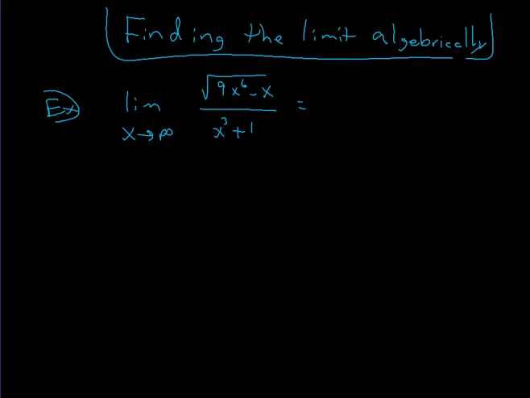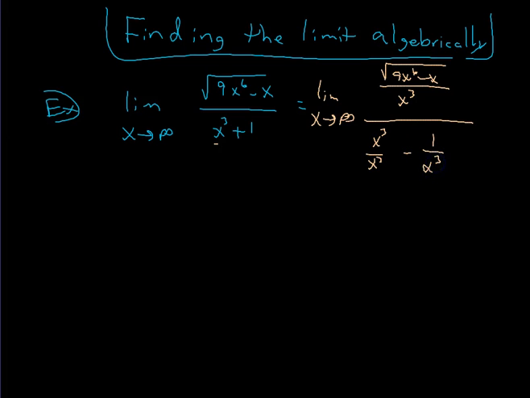With algebra, I can essentially divide the numerator and the denominator by the term of the highest degree. In this case, it's x to the 3rd power. So if I divided each part by it, I'll get the limit as x approaches infinity of the square root of 9x to the 6th, subtract x, over x cubed, divided by x cubed over x cubed, subtract 1 over x cubed.